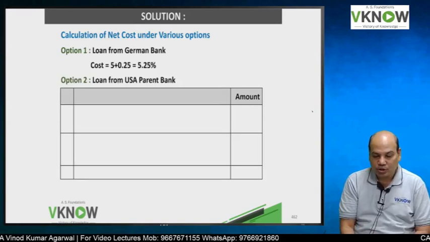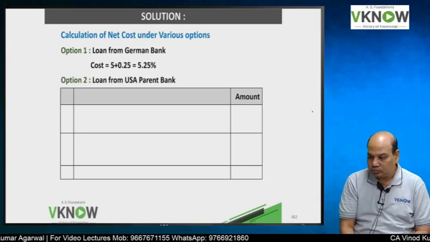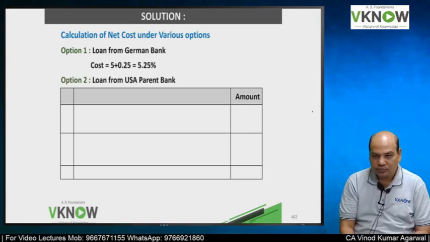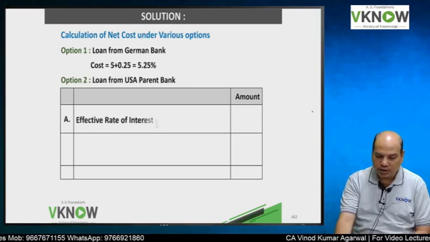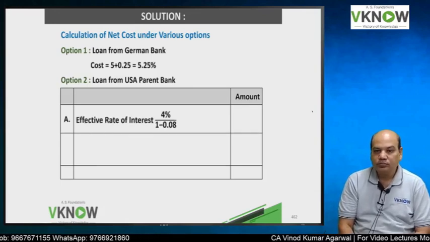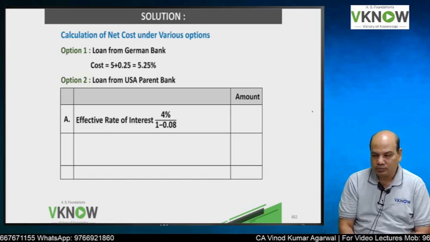Now option 2, write down: loan from USA parent bank.